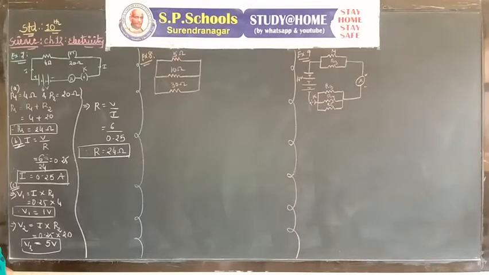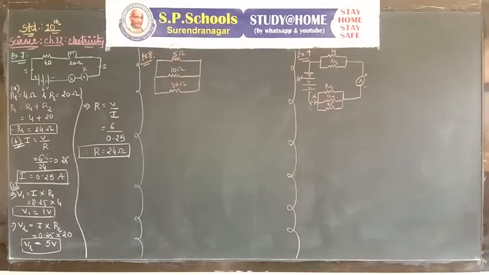Now we go through another question. The circuit is given in the question, and the question says: in the circuit diagram given in the figure, suppose the resistors R1, R2 and R3 have the values 5 ohm, 10 ohm and 30 ohm respectively, connected to a battery of 12 volt.